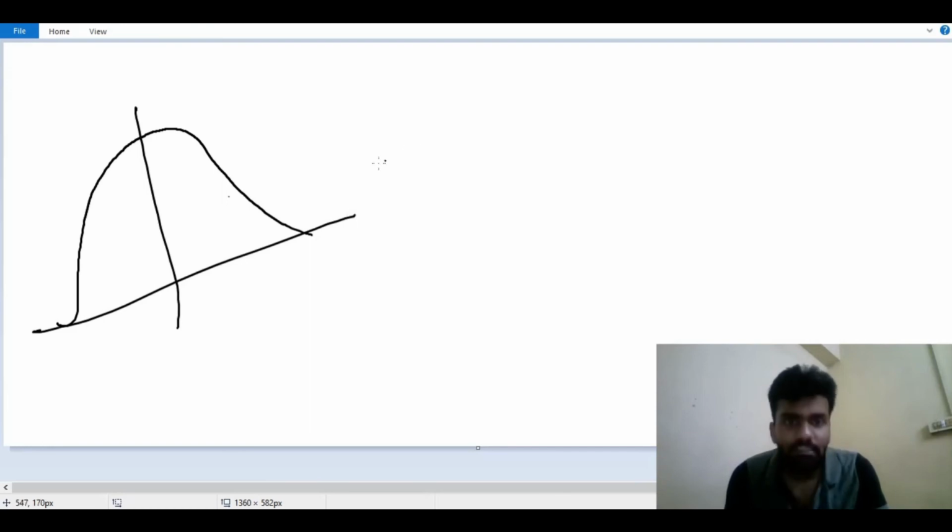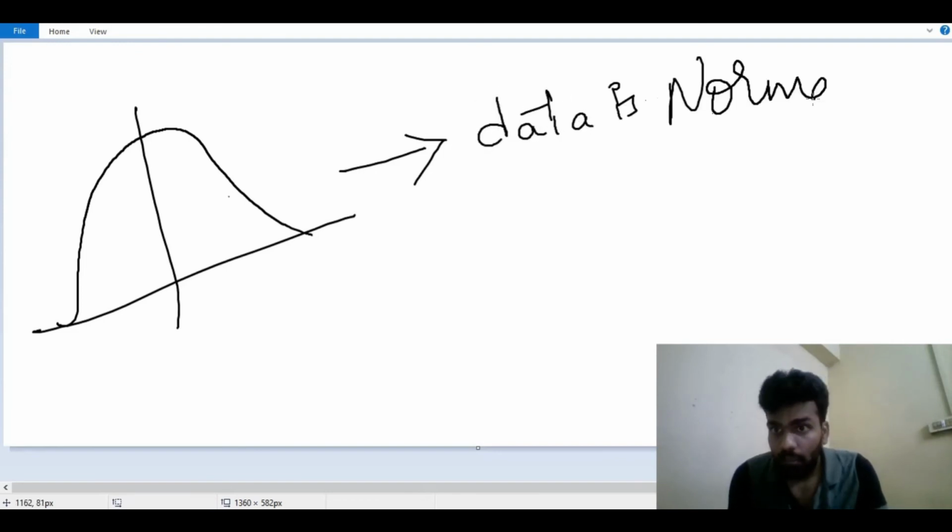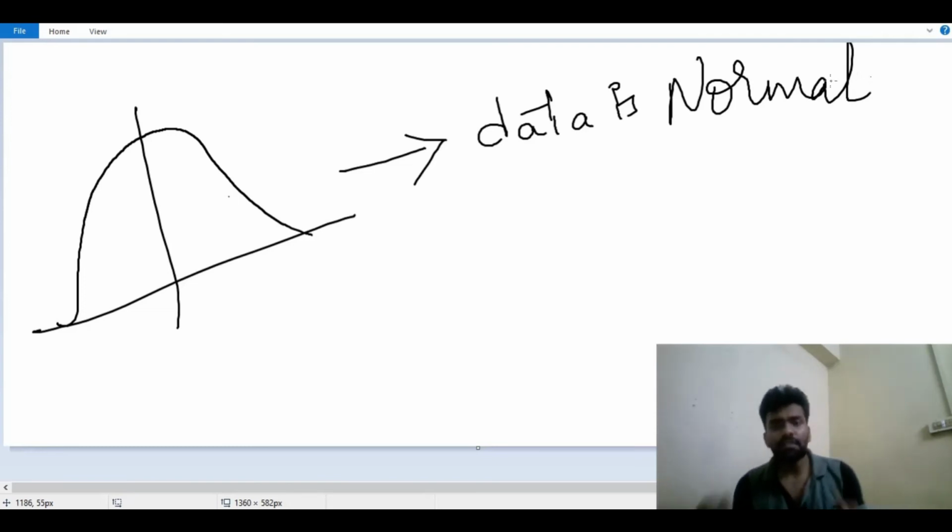Now the main advantage is you can apply all the tests which are applicable for the normal distribution. If the data is normal, we can perform some particular tests, for example t-test, chi-square, and this kind of tests. So we can apply all these tests on our data. That's one of the main advantages.